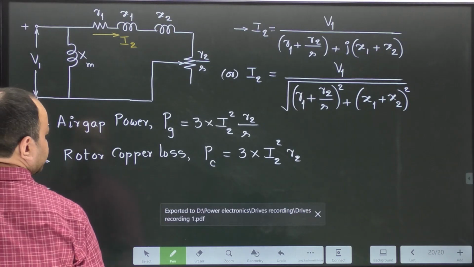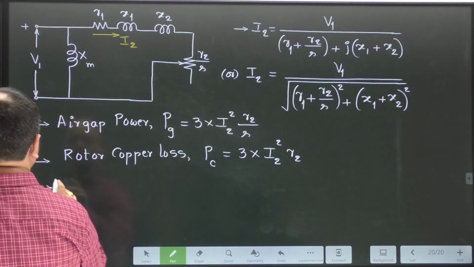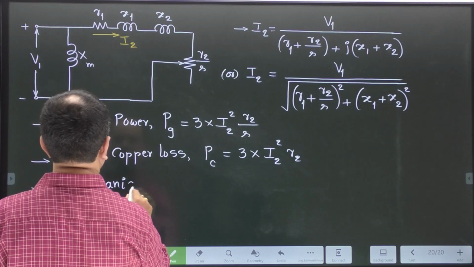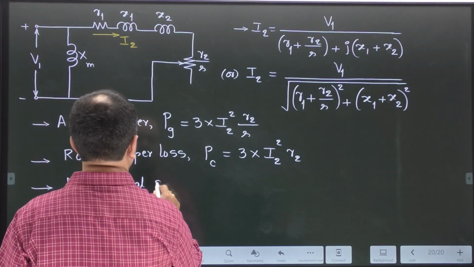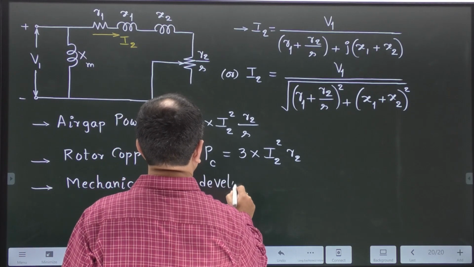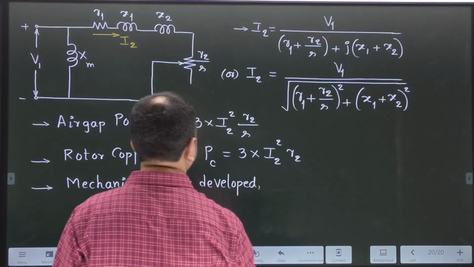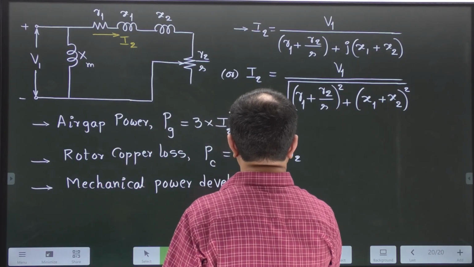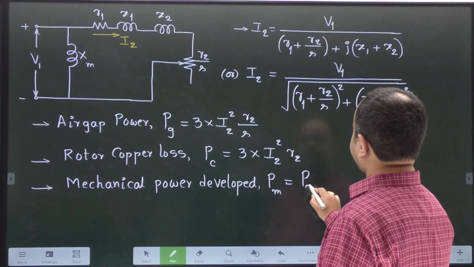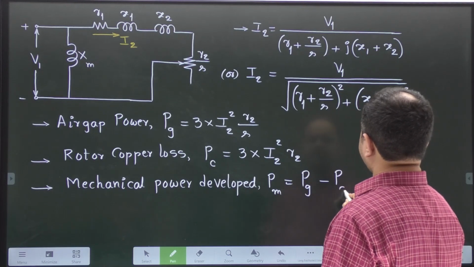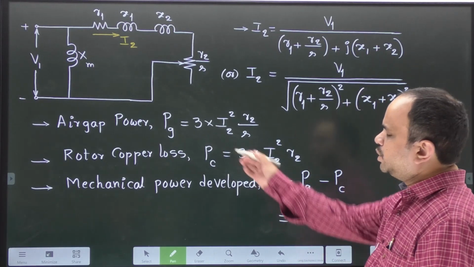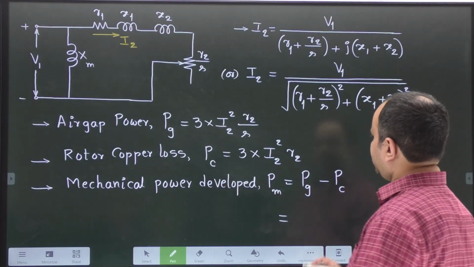Now, mechanical power developed. Mechanical power developed PM is equal to PG minus PC. Air gap power developed minus rotor copper loss will give you mechanical power developed.